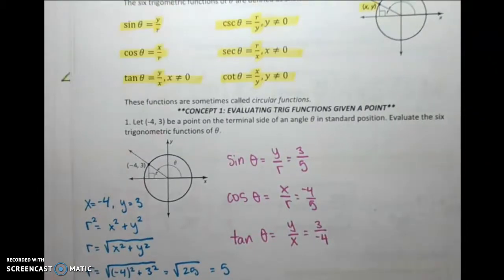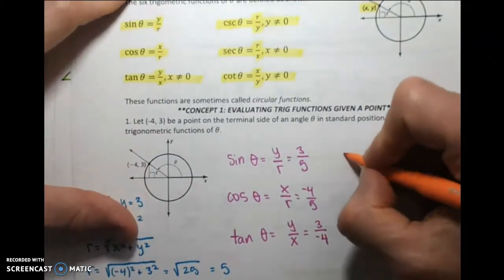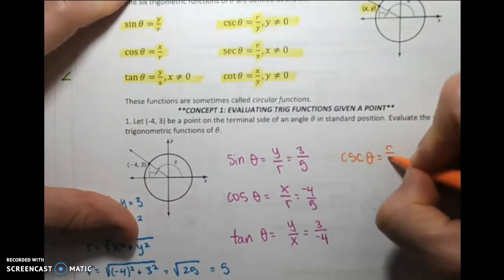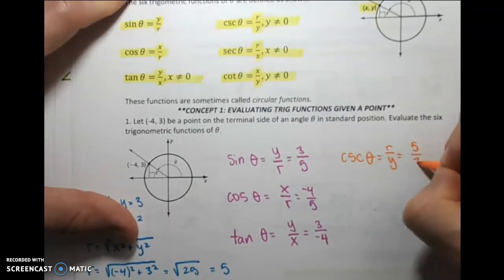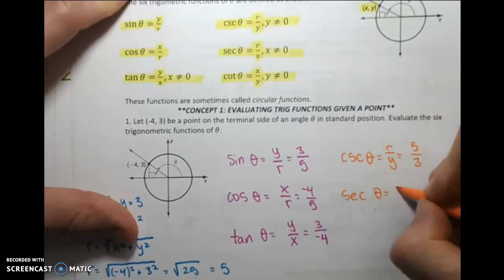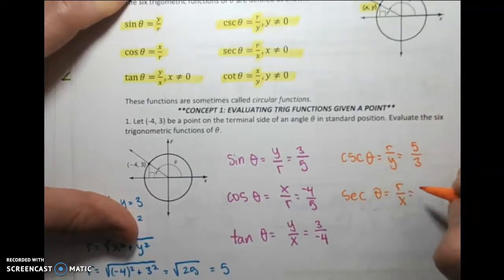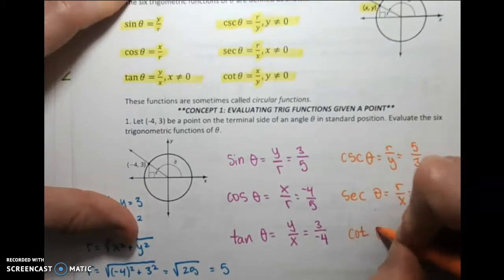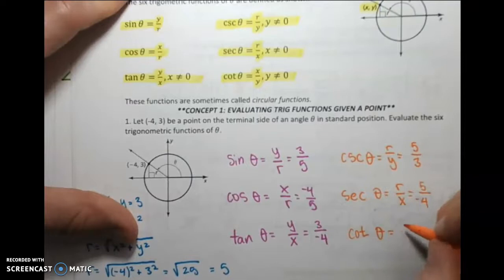Cosecant theta equals r over y, in this case 5/3. Secant theta equals r over x, which is 5 over 4, but it's negative, so negative 5/4, and cotangent theta equals x over y, which is negative 4/3.